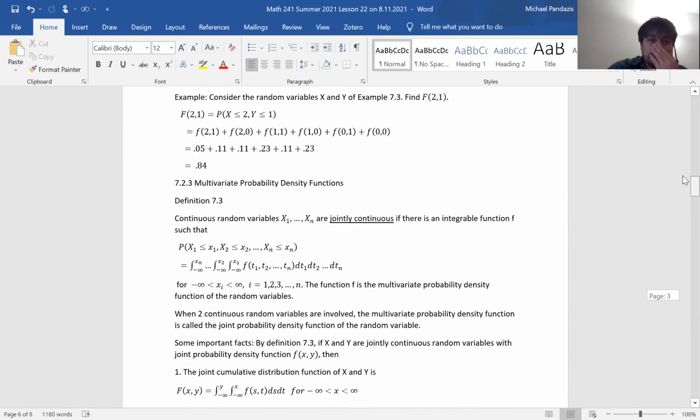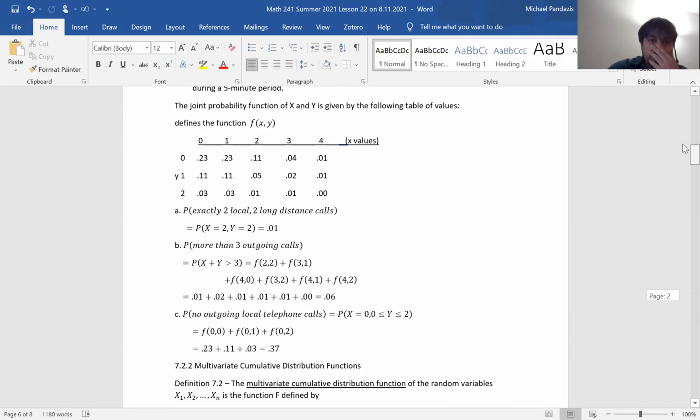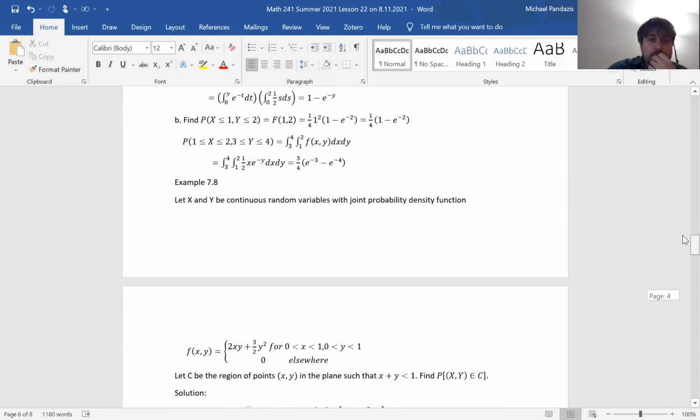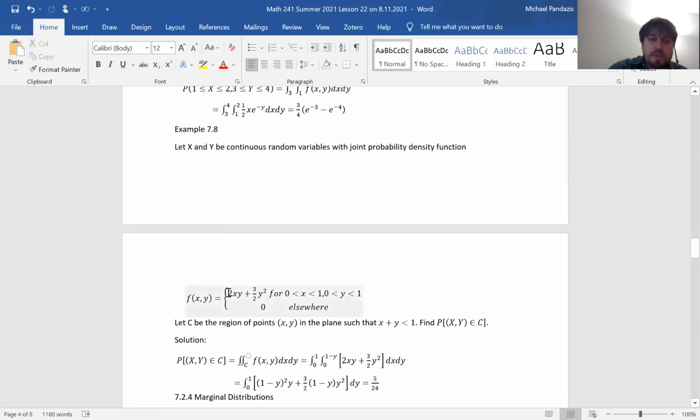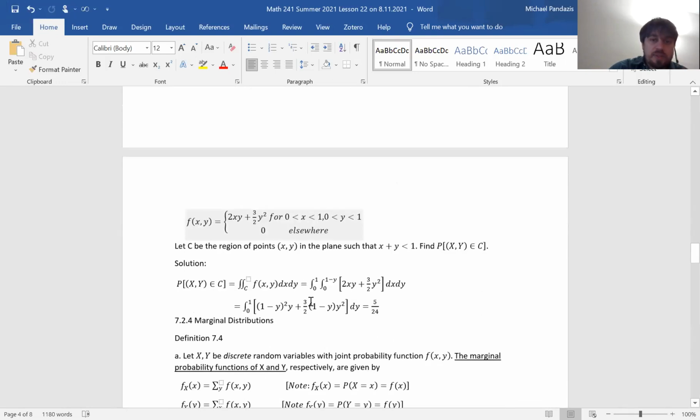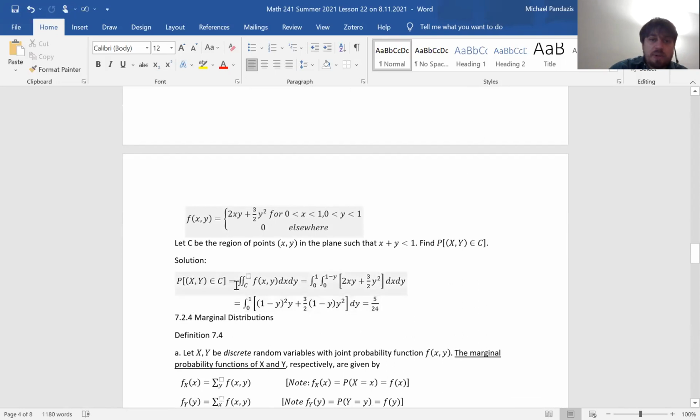Example 7.8 was the one where we had this PDF for x and y between 0 and 1, and that's the one where we had the region C. So this is x from 0 to 1, and we had this probability equal to this thing, right? So, okay.